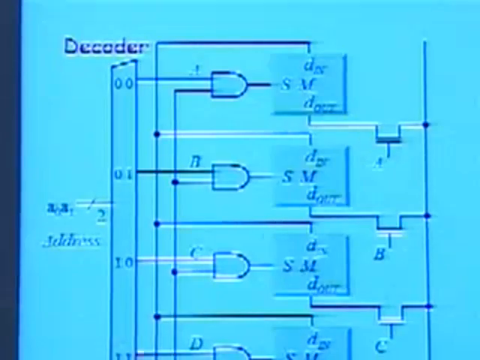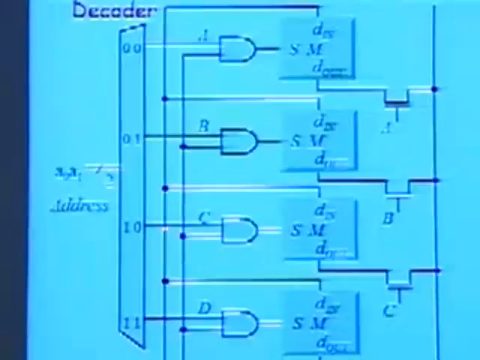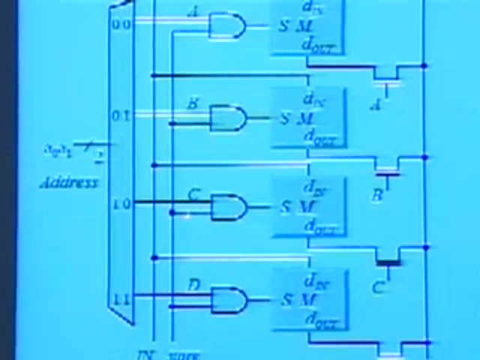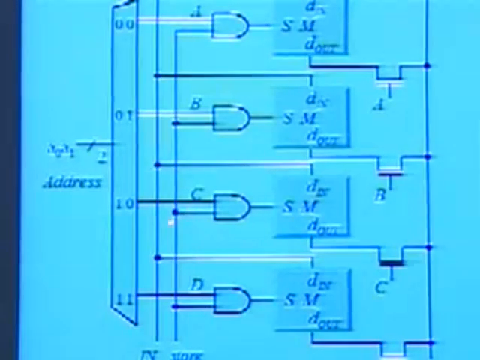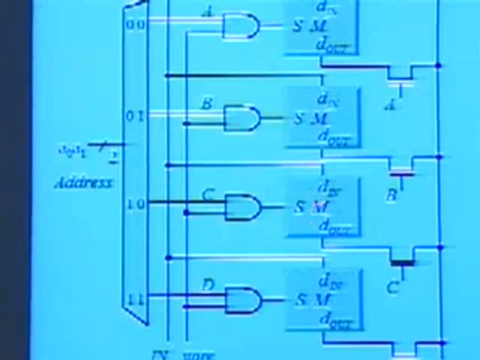So if, for example, we have a 1, 0, the only AND input that is going to be high is this one, okay? And that means the only cell that will look at the input when the store comes up is going to be this one here. So at that point, it will store whatever is on the input, because that's an AND operation.